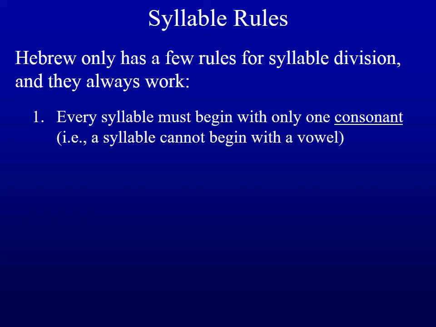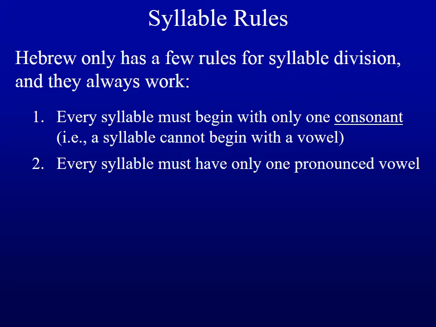The first rule is every syllable must begin with only one consonant. That is, a syllable cannot begin with a vowel, and a syllable will not begin with a consonant cluster. It will begin with one and only one consonant. Second, every syllable must have only one pronounced vowel. Hebrew does not have diphthongs or multiple vowels in a syllable.